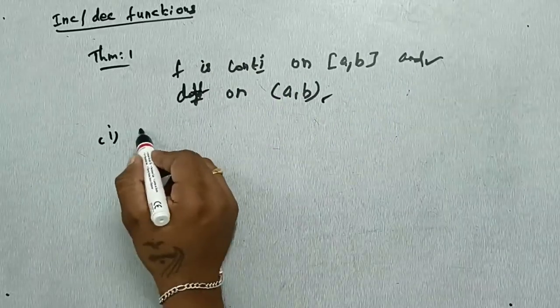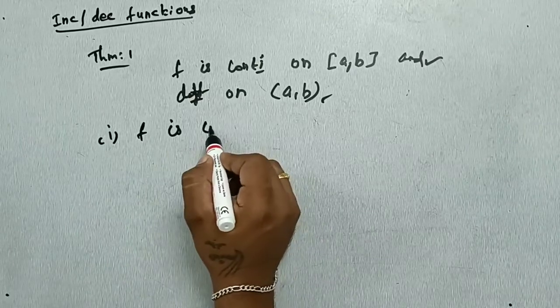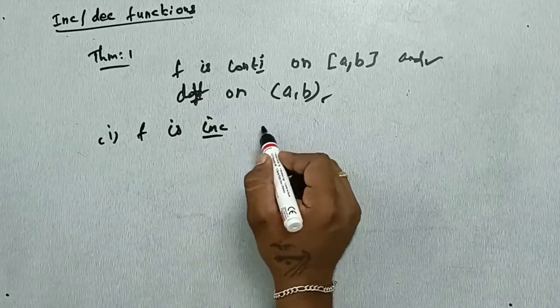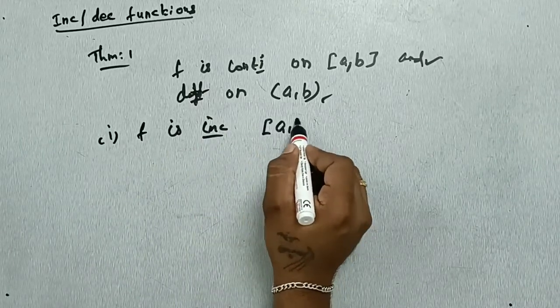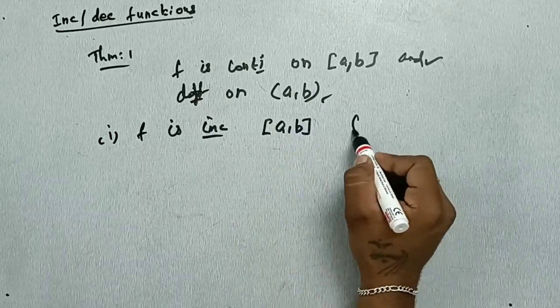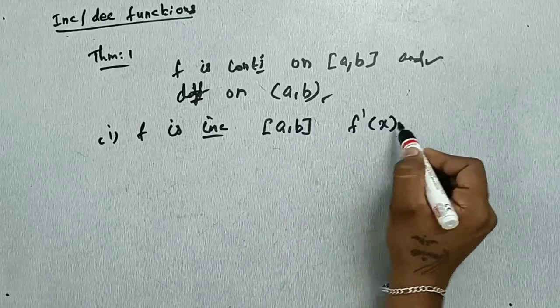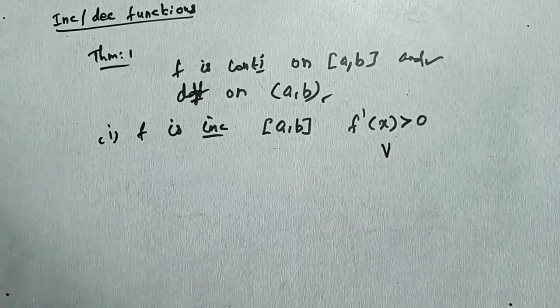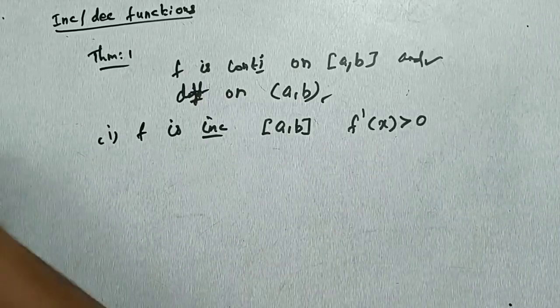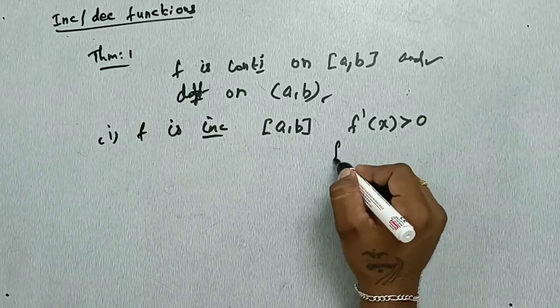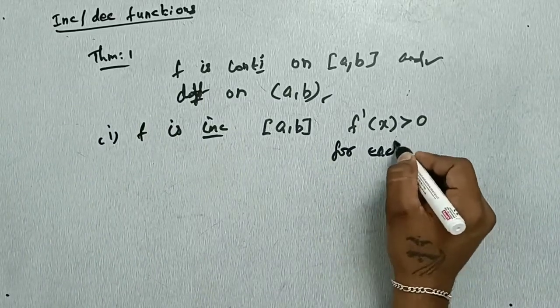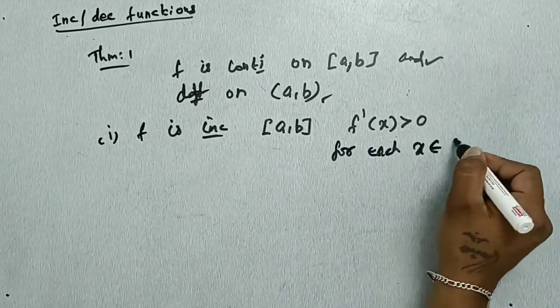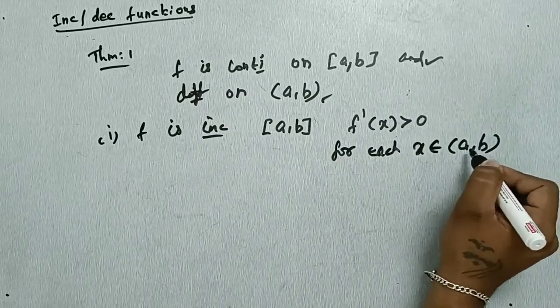Then, if f is increasing in the closed interval a comma b, we can say that f dash of x is greater than 0 for each x belonging to the open interval a comma b.